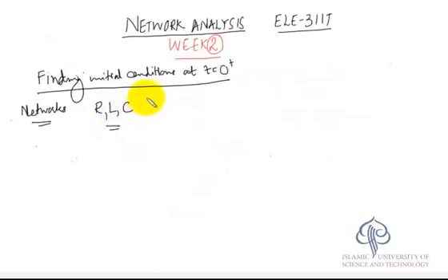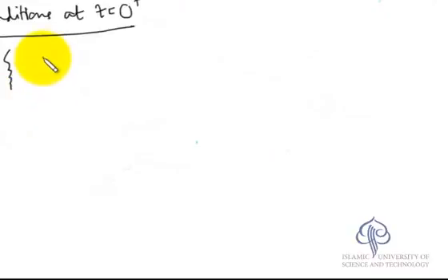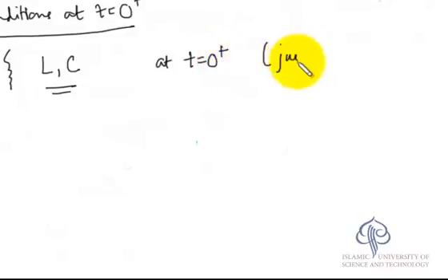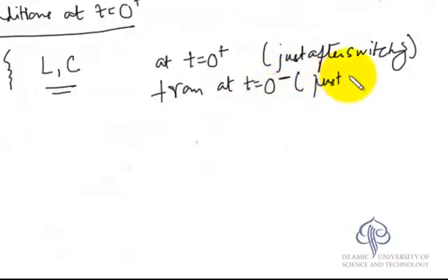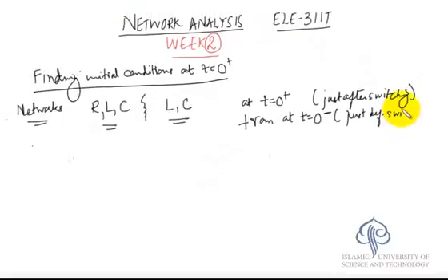And because of the peculiar characteristics of inductor and capacitor, we can write down the initial conditions at t is equal to 0 plus, that is just after switching, where 0 is the switching instant, from our knowledge of the initial conditions at t is equal to 0 minus, that is just before switching.